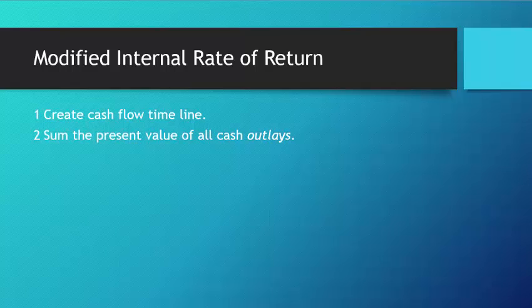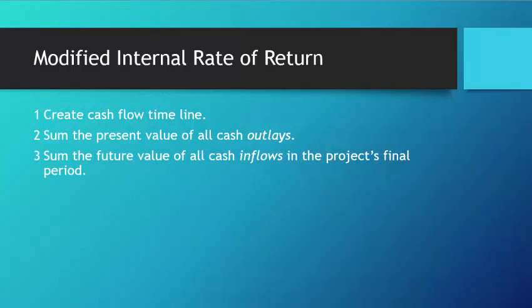In other words, we're going to get them all to present value. If we have a conventional cash flow stream, then all of them will bring to present value. Even if we have a non-conventional cash flow stream, we're going to get all of our outlays in present value. And then we're going to move all of the cash inflows to the last time period. We're going to do future value for all of those.